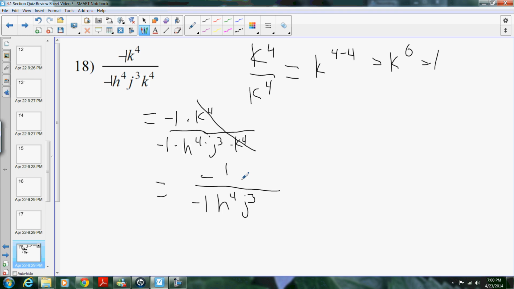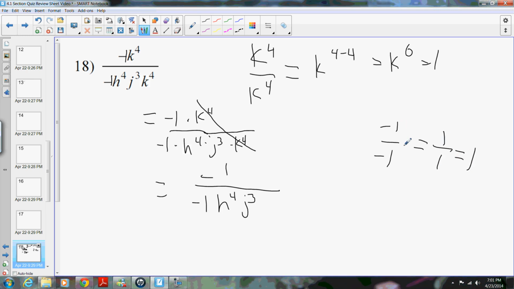You should always think about the coefficients in the numerator and denominator as a fraction, and ask yourself if it simplifies. Does negative 1 over negative 1 simplify? Yes. Their common factor there is negative 1. So if we divide both by negative 1, we get 1 over 1, or just simply 1.